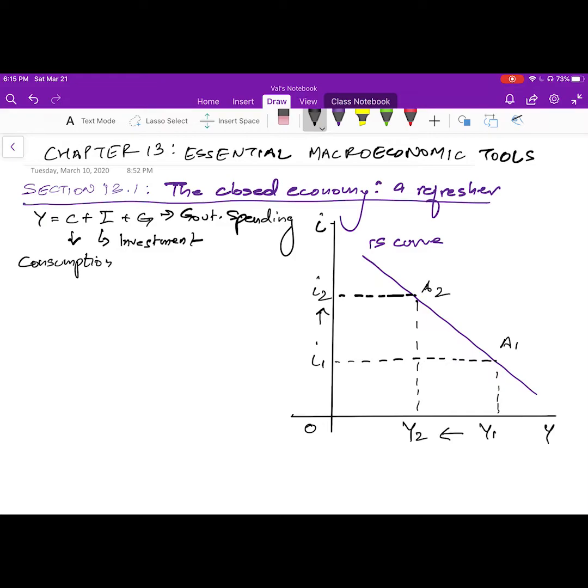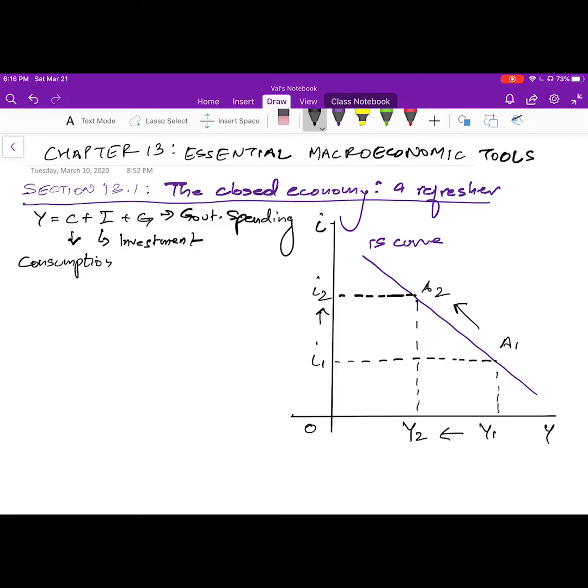Okay, so this is the simple IS curve diagram. As you can see, as interest rates rise, output declines, as shown by the movement up the curve from A1 to A2.